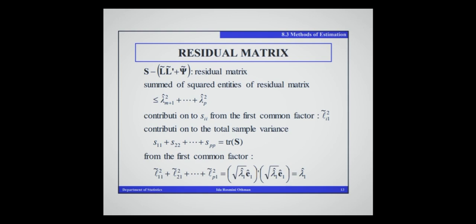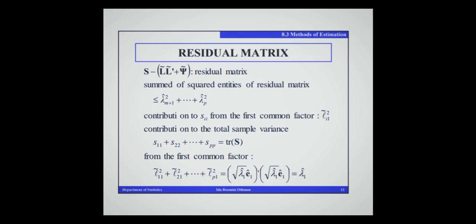Okay, in order to find the residual matrix, we need to estimate the factor loading matrix, dan juga we need to estimate the specific variance matrix. So macam mana nak tahu the factors represent the data or not? Kita akan tengok residual matrix, whether the value of the residual is small or large. Okay, kalau small tu maksudnya dia fit the data lah.